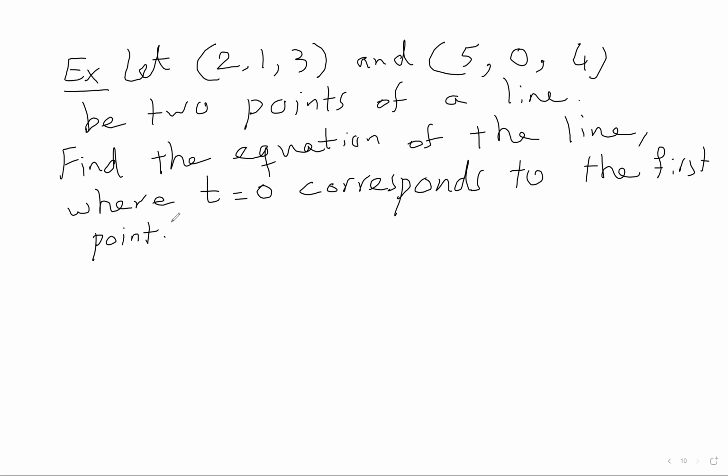So when t is 0, I should get the first point. The first point is 2, 1, 3. The second point is 5, 0, 4.